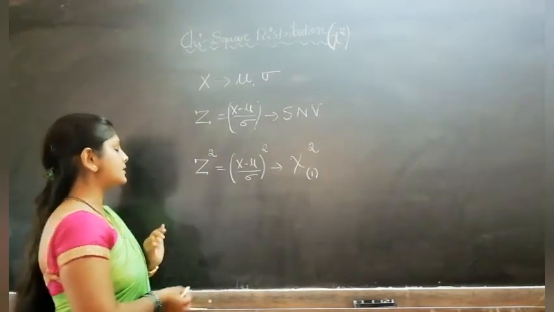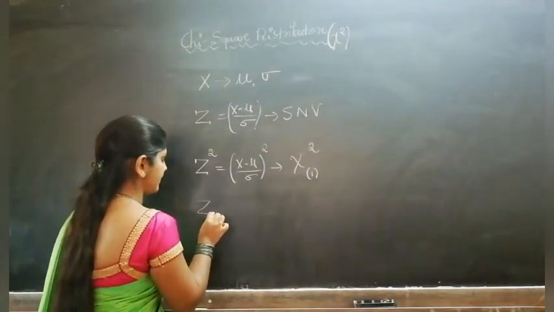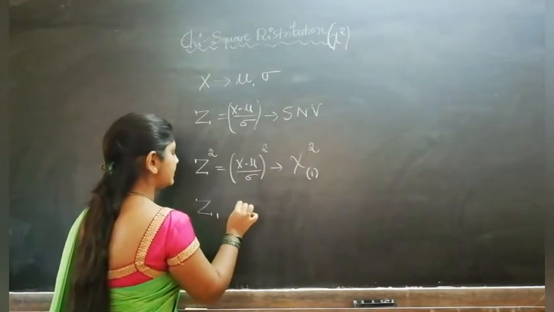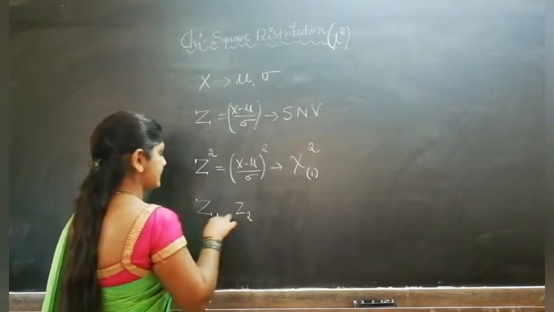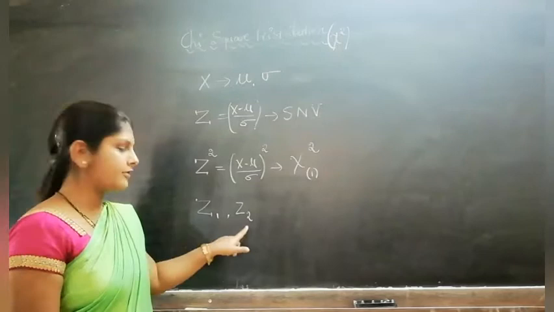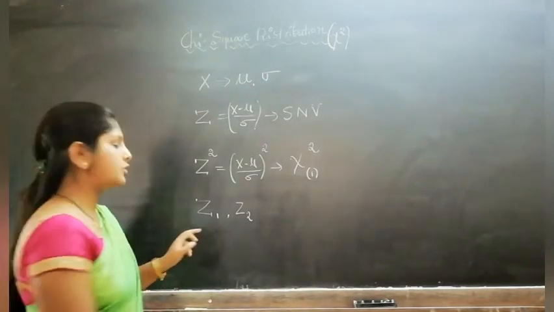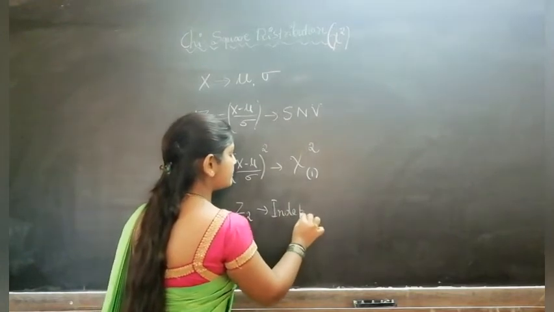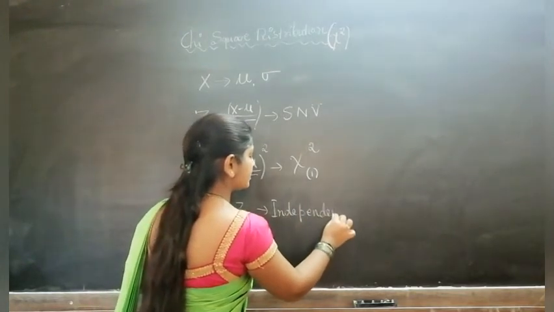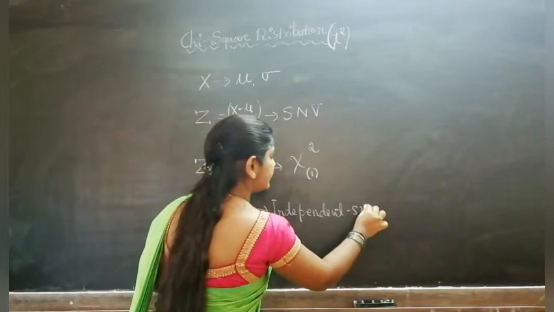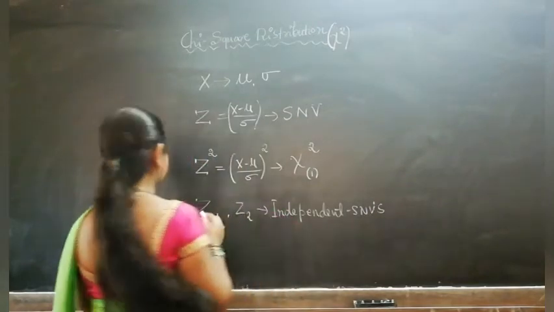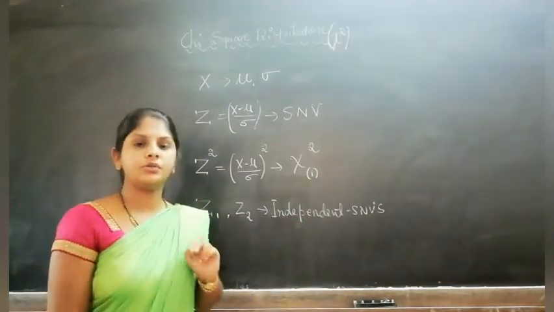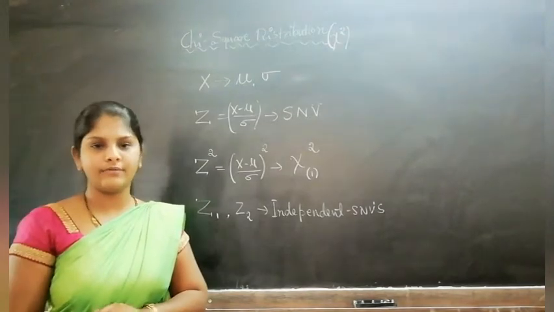Suppose I have two variables, z1 and z2, which are two independent standard normal variates.